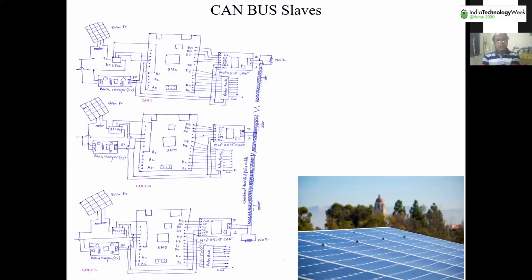You can receive signal from your panels, and at the same time, if you find that one panel is not giving full output, it could be because of dust. If that is the problem, you can send a signal through your CAN bus, so that if there is any roller duster available on that solar PV cell, you can start it rolling.